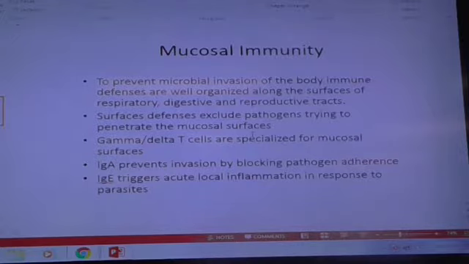There are alpha beta T cells and gamma delta T cells. We call them that because the T cell receptor has two polypeptide chains, some alpha beta and some gamma delta.